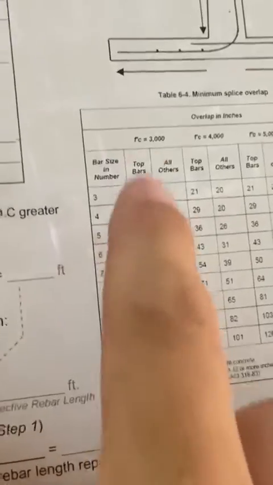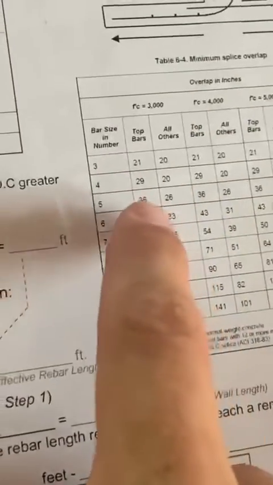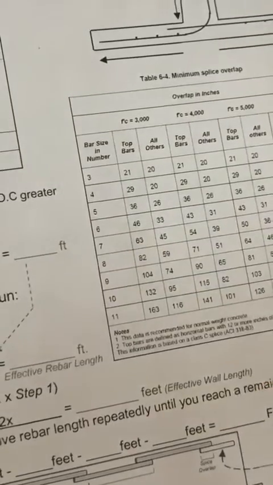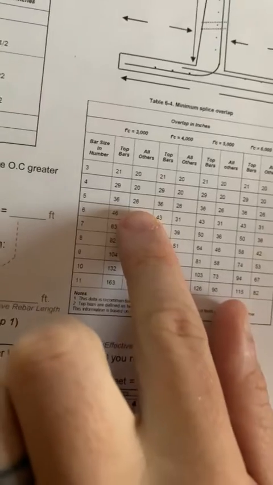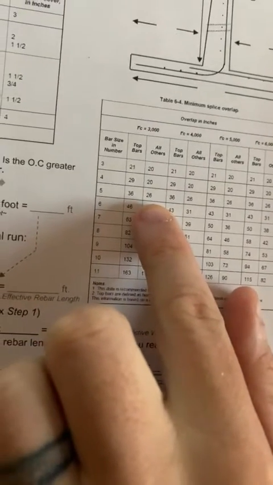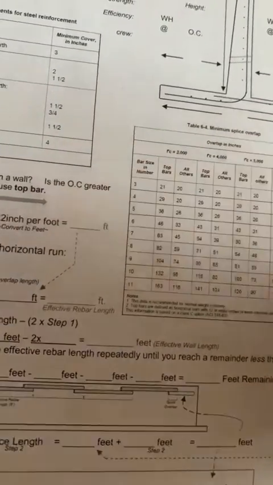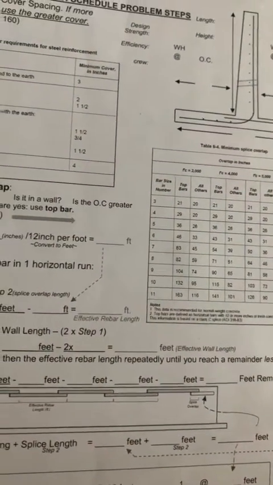We know that it's a top bar because there are 12 inches or more between the rebars. So if it's top bar, it can be 36 for the number 5, but 26 inches of overlap for all others, meaning less than 12 inches between the horizontal runs.